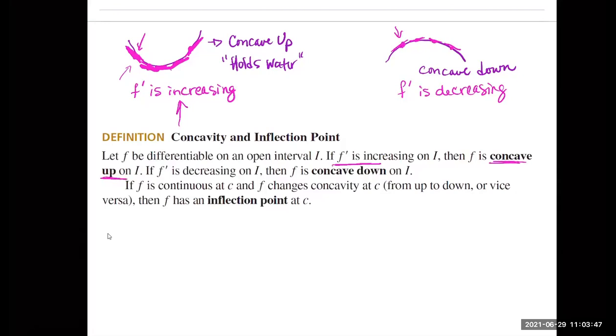And if that first derivative is increasing, that means its derivative is positive. So, and this is probably on the next slide, but I'm going to go ahead and write it here. If the first derivative is increasing, that means that the second derivative is positive. So whenever the second derivative is positive, that's where our function is concave up.